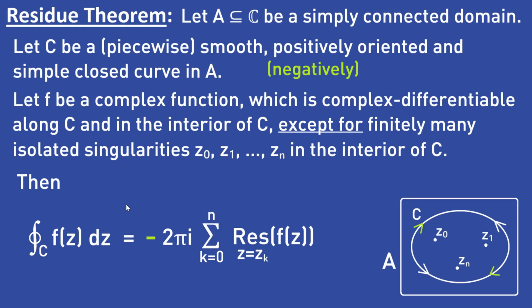So basically, the residue theorem tells you the following. If you have a simple closed curve, which has isolated singularities of f in its interior, you can use the following formula to evaluate the curve integral along that curve.